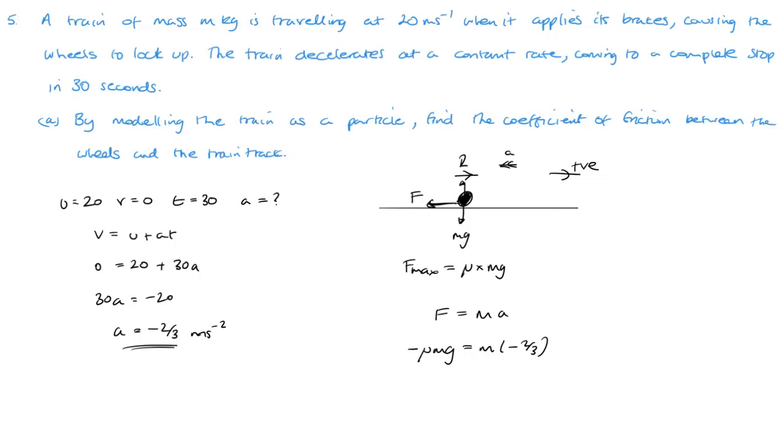Okay, so the negative signs don't really matter, but the m's will cancel. Then mu g equals 2/3. So 2/3 divided by 9.8, mu is 0.068, two significant figures here. Or I could write it as 2/3g. Okay, so that is mu for part A.